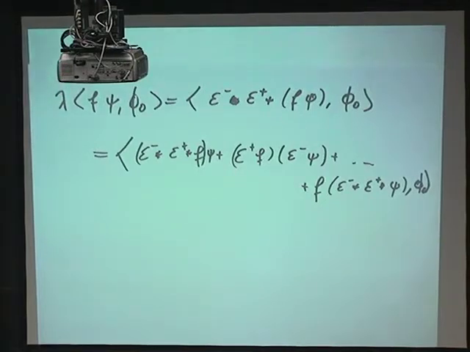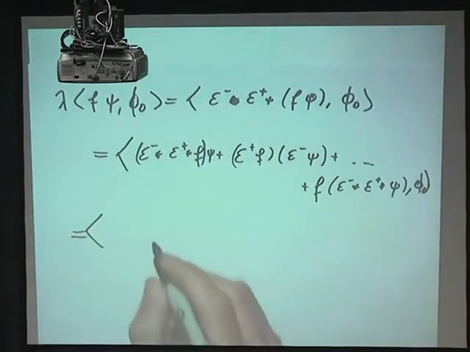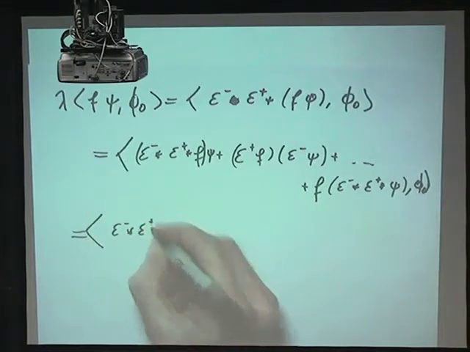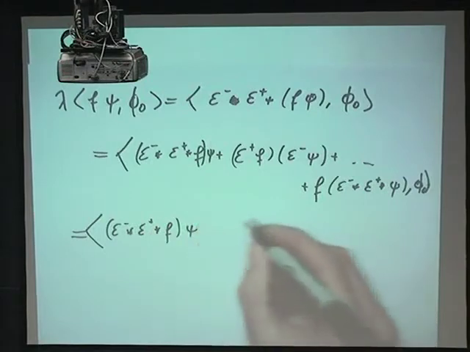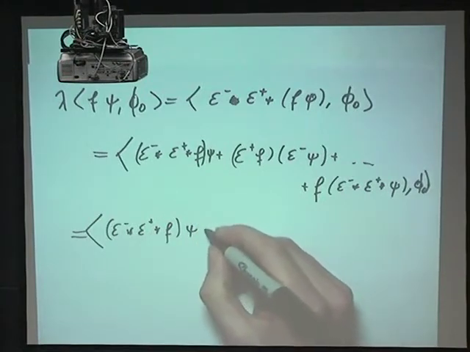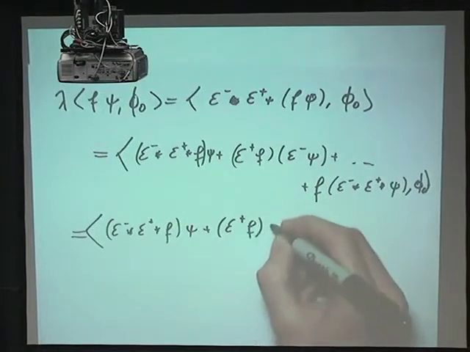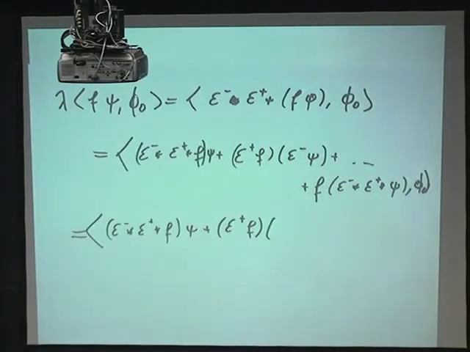Now, there's another step where you use this formula that I told you when I introduced the psi.